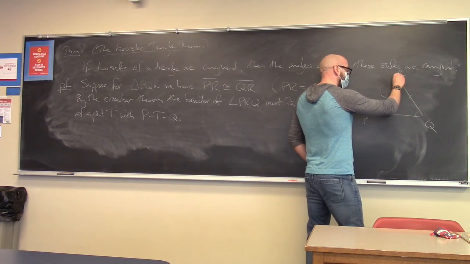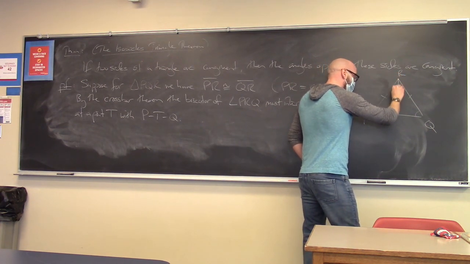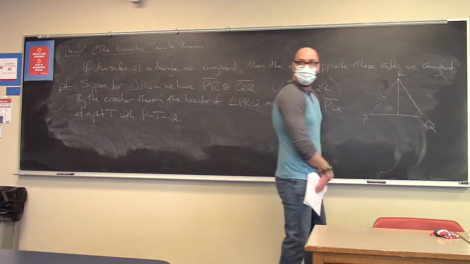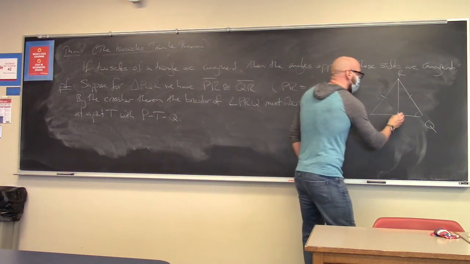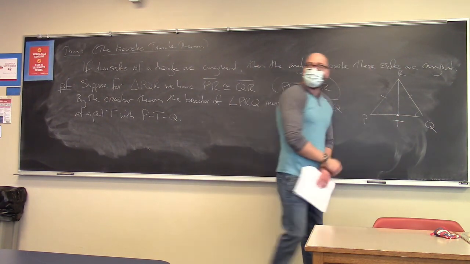I'm saying let's construct the bisector of this angle. So we'll drop the bisector down. And this is going to cut through PQ at a point T.